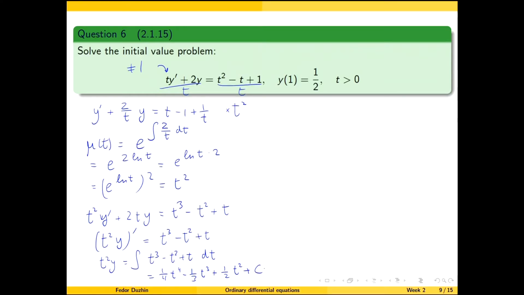Right? Okay, and as I said, for linear differential equations, it doesn't really matter when you use your initial condition to solve for c, so you can as well solve for y first.